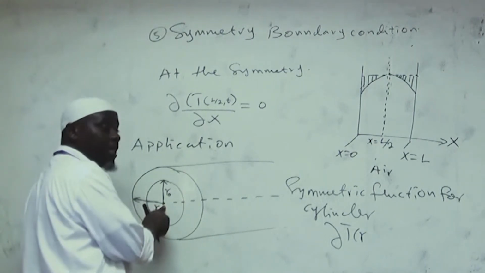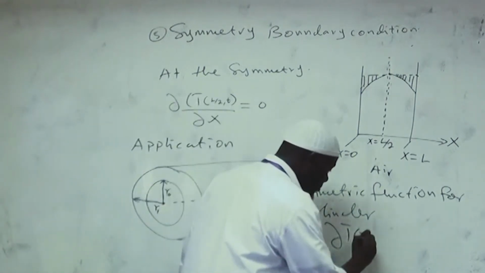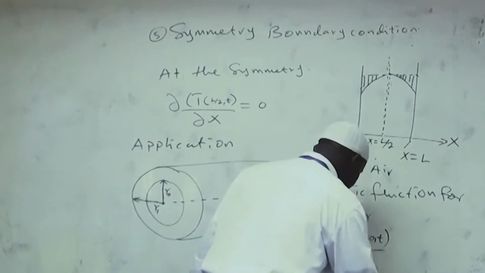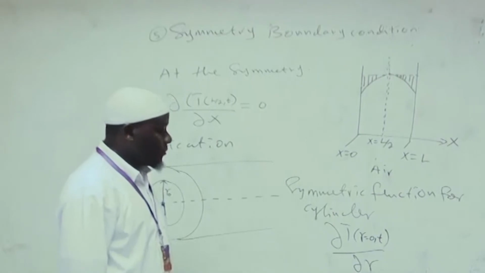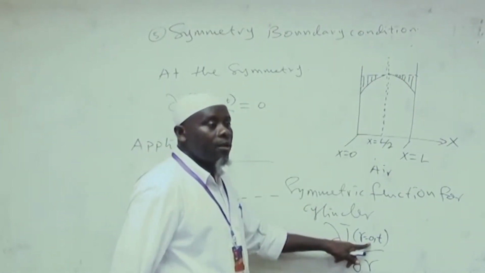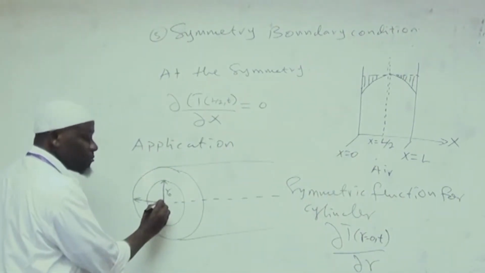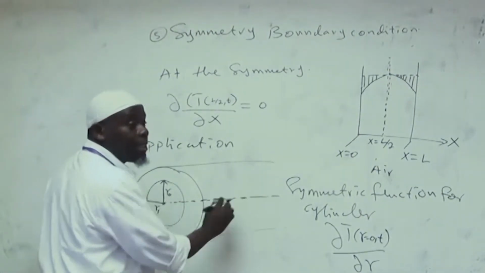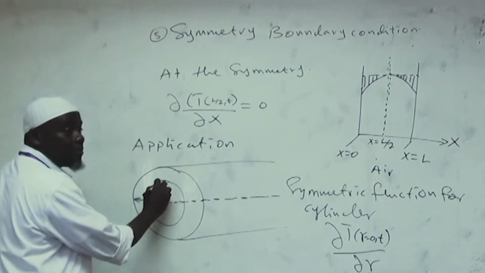What will be the temperature? The answer: R equals 0 at time t, with respect to R, not x. This temperature is a function of R. R equals 0 means at the center, at this point. So along this direction, temperature remains the same, doesn't change. Temperature only changes in the radial direction.